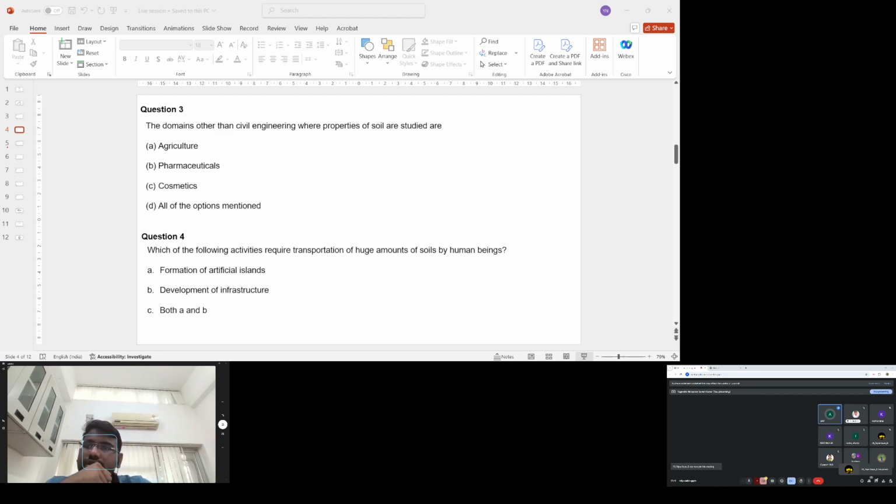Also talcum powder: talc is a kind of powdered rock, and that is also being used in cosmetics. So that also comes under the realm of soil mechanics and the properties of the soil. So the option will be all of the above. Any doubts, any questions, any clarifications required?